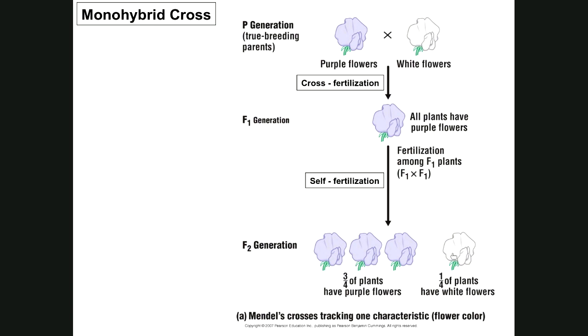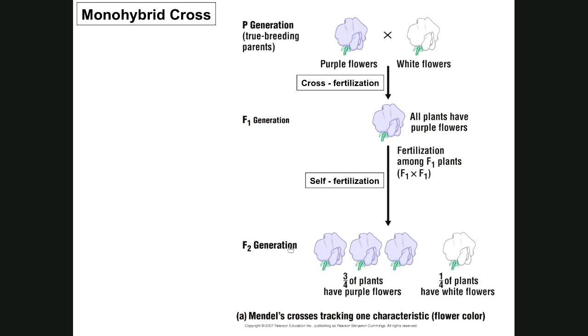Then what they say is that even though he produced tens of thousands of F2 generation offspring, on average, for every 4 plants he counted, 3 produced purple flower colors. And on average, for every 4 plants he analyzed or counted, 1 out of 4 would produce white flower color.